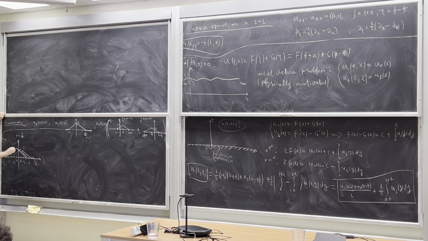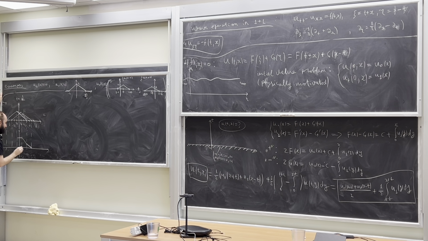There is a region with double slope, and then the region with ordinary slope as before. So it'll be something like this. And then when t equals 1/2, these two shapes start disconnecting.